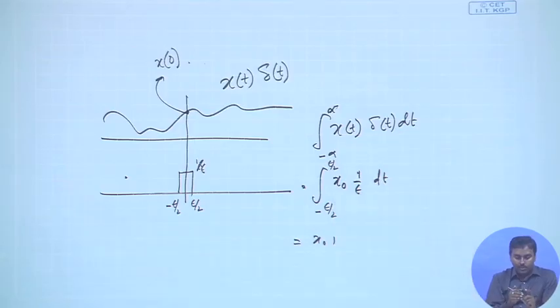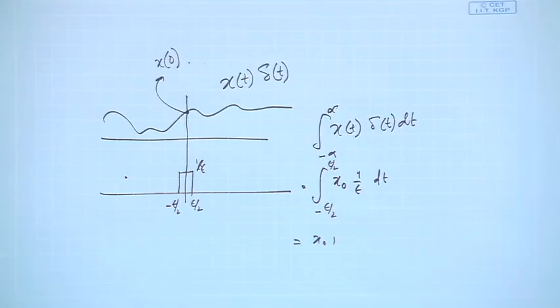So what is eventually happening? Whenever I multiply a particular function with delta t and integrate it, I will be getting the functional value back at that point. This is called the sampling property of delta t.